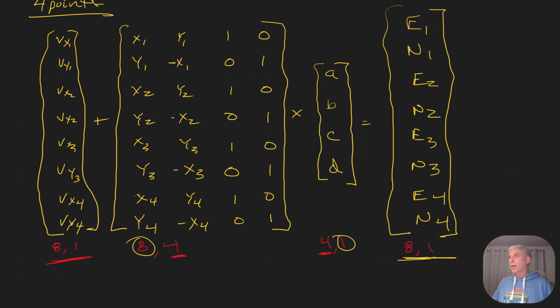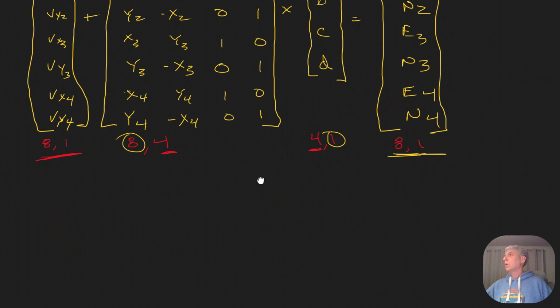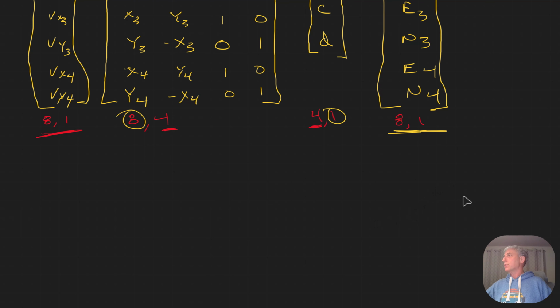So the dimensions work out with this. It's always good to check. And we can name these vectors. I don't want to pull it up all the way, but this is our V vector. This is our B vector. This is our delta vector. And this is our F vector. So that we end up with V plus B delta. Look familiar? I think so.